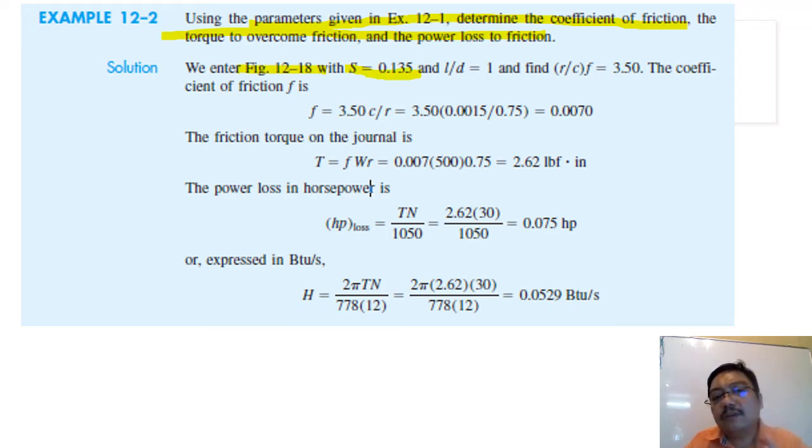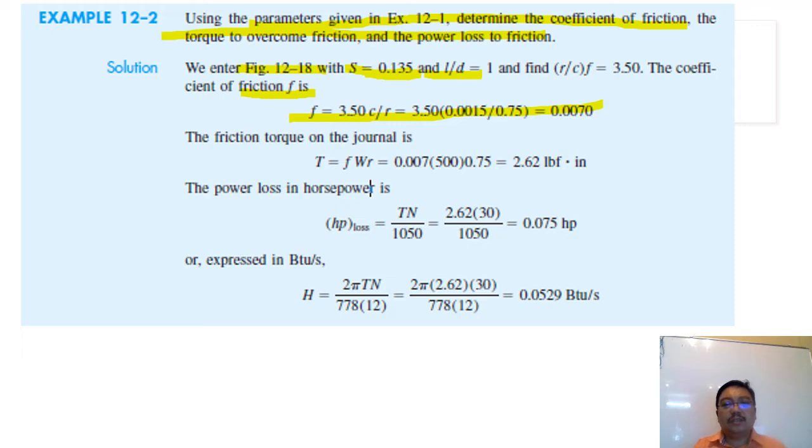If you don't remember, just pause this video and go back to the previous slide. With Sommerfeld number 0.135 and L over D equals 1, from figure 12.18 you will find on the y-axis R over C times F equals 3.5.